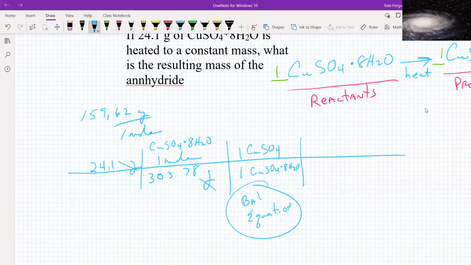So whenever we have a chemical reaction going on, it has to be balanced. Now you might say, why put that in there? It's 1 to 1. That's because the units won't cancel unless that's there.